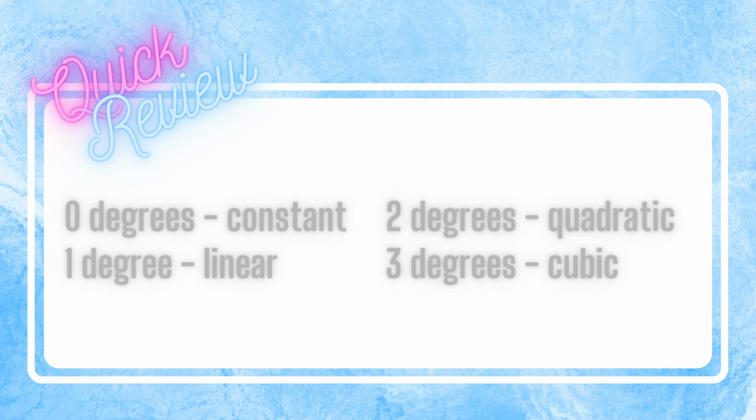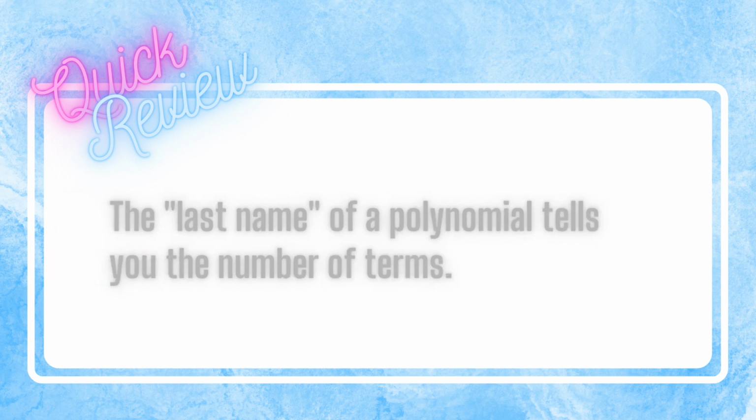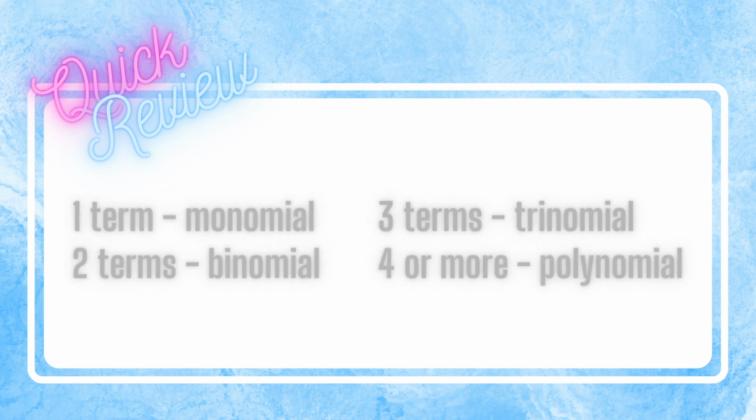So if it's 0 degrees, it's a constant, 1 degree, linear, 2 degrees, quadratic, and 3 degrees, cubic. And the last name of a polynomial tells you the number of terms. If there's only 1 term, it's called a monomial, 2 terms, a binomial, 3 terms, trinomial, and 4 or more terms is called a polynomial.